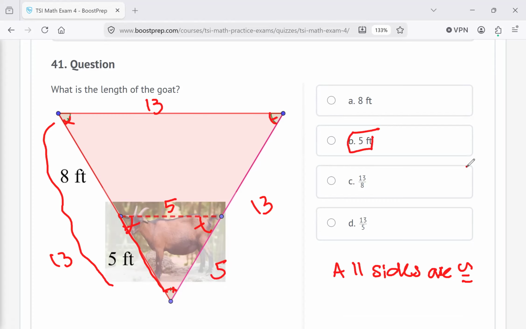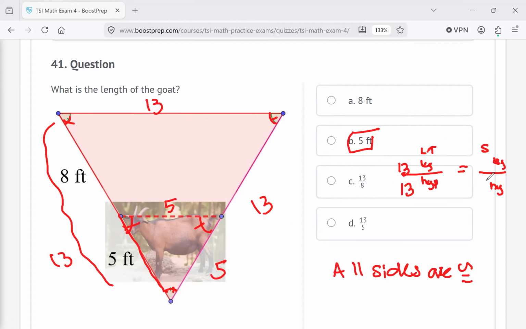You can also set it up as a proportion. This could be the larger triangle, this could be the smaller. On the larger triangle you could do leg over hypotenuse, and on the smaller triangle, the one with the cow, you do leg over hypotenuse. On the larger triangle, my leg is 13, and the hypotenuse is also 13.